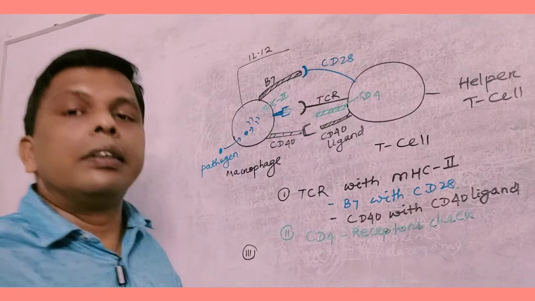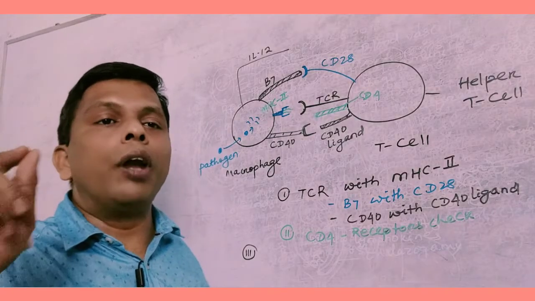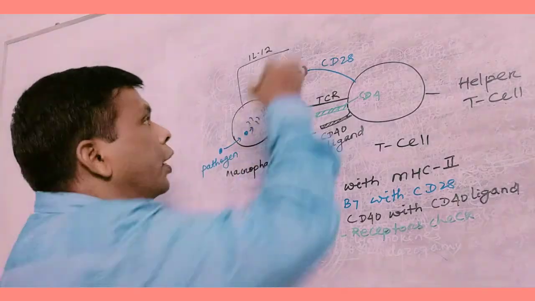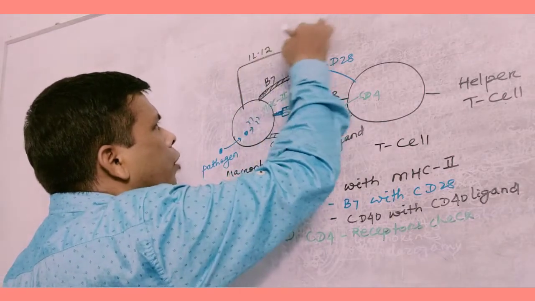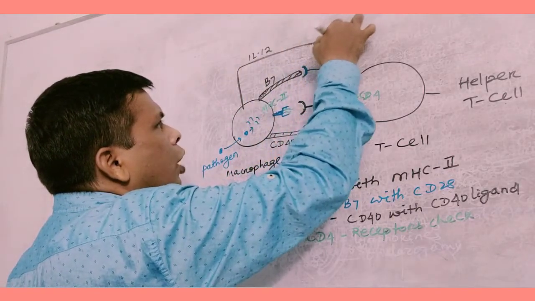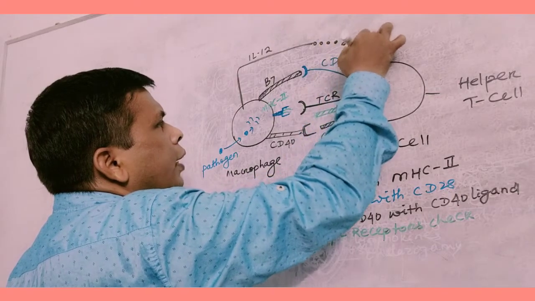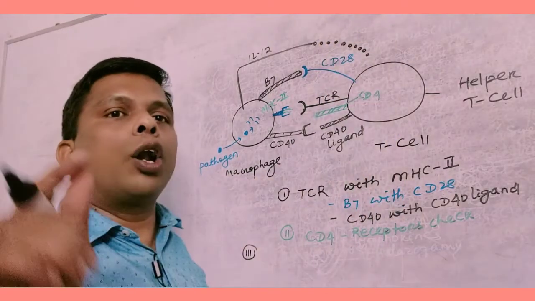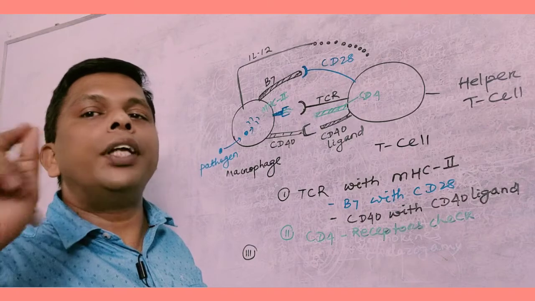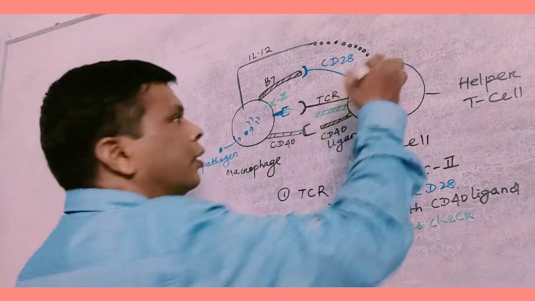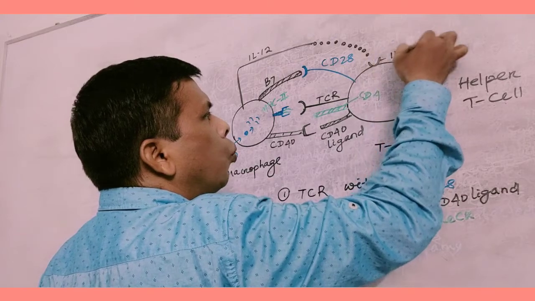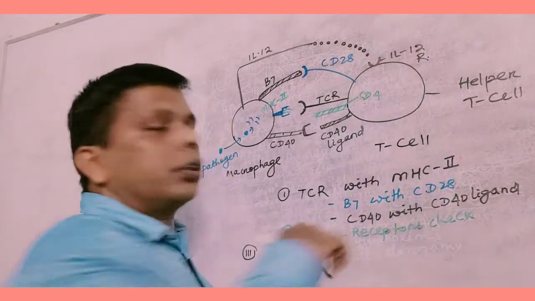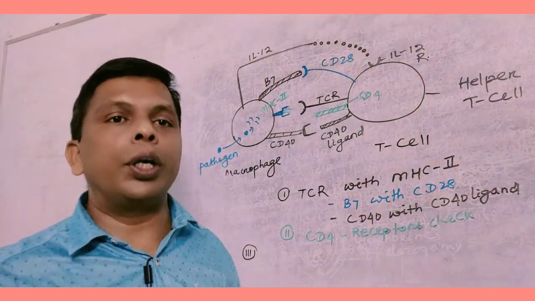Remember it. This is the pathway of secreting interleukin 12. There is an interleukin 12 receptor found in the T cell. This is the IL-12 receptor. It receives the interleukin 12.